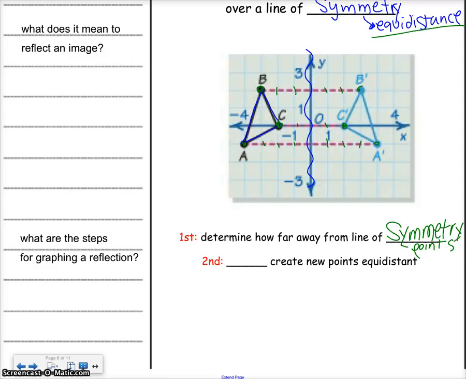Then you plot new points that are equidistant from the line of symmetry. And that's how you do it. It's nicer than translation almost, because you don't have to move as much. You just identify the line of symmetry and then create your new points that are equidistant from that line of symmetry.